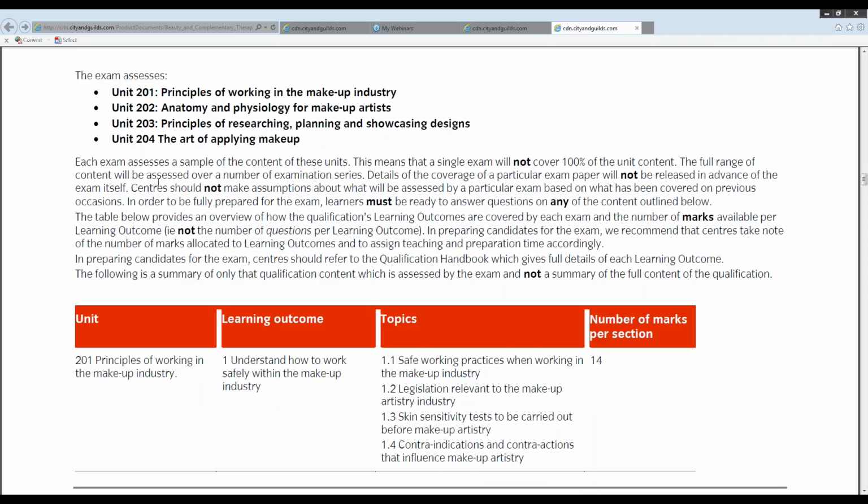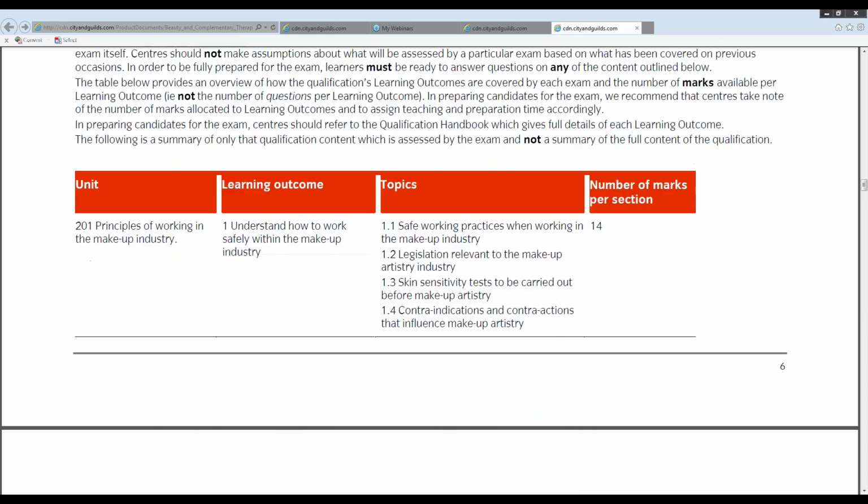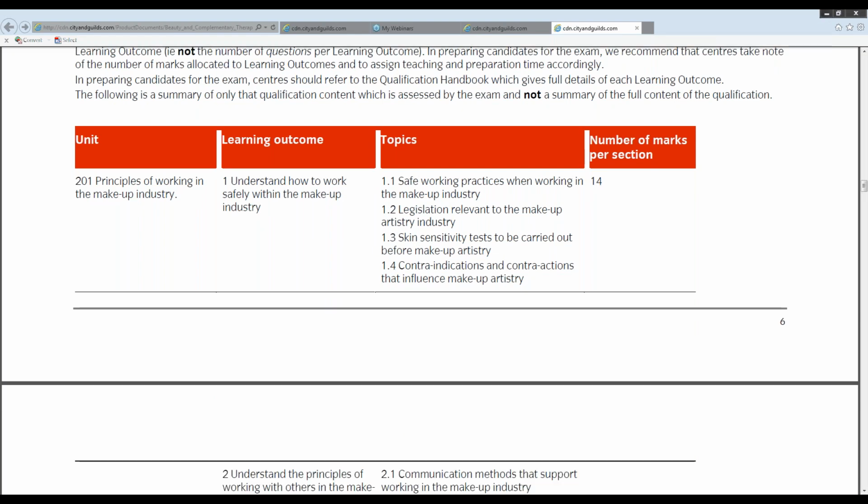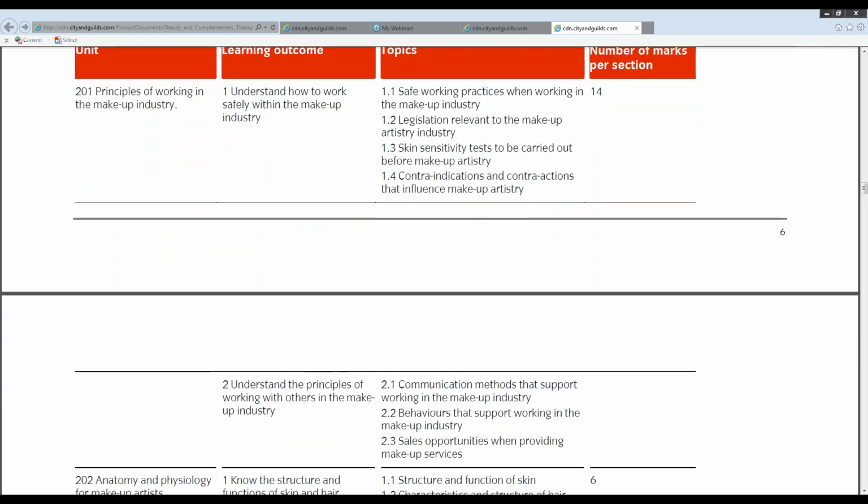It then breaks down each learning outcome. So this is where you get your qualification handbook and you highlight all the areas that are going to be covered in that knowledge test. So we can see it's going to be on 201. 14 marks will be allocated out of the 60 marks to your 201 health and safety and understanding principles of working in the makeup industry.